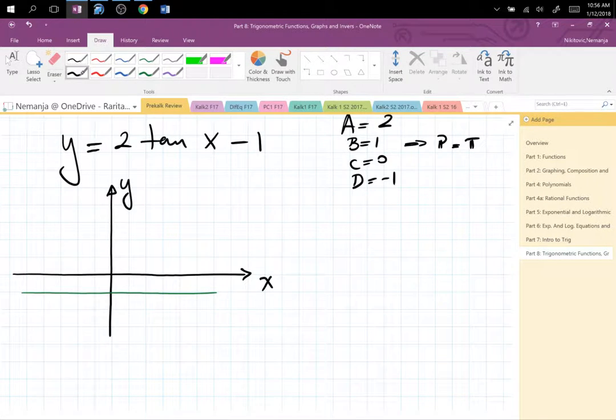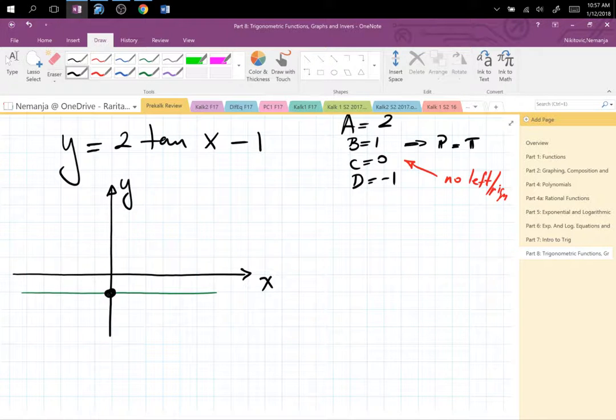The problem has a c equals 0, which means no left or right shift. Maybe I should write that in blood over here just to make sure. So no left, right. So that means that your graph will go through x equals 0, but on the green line.